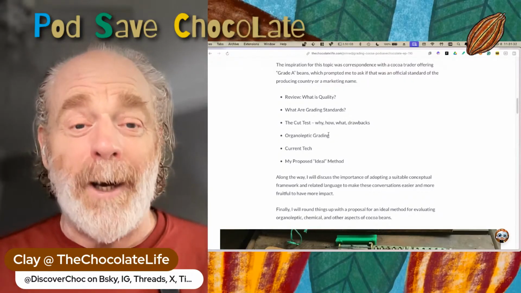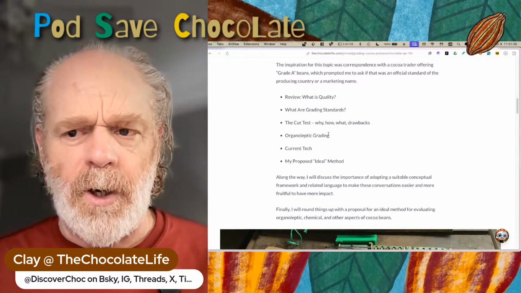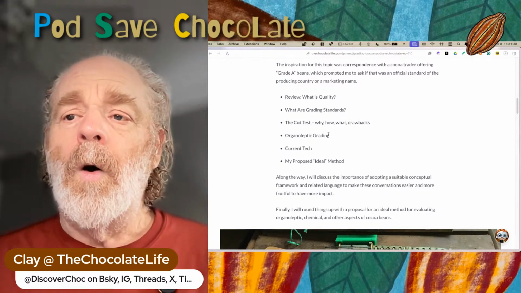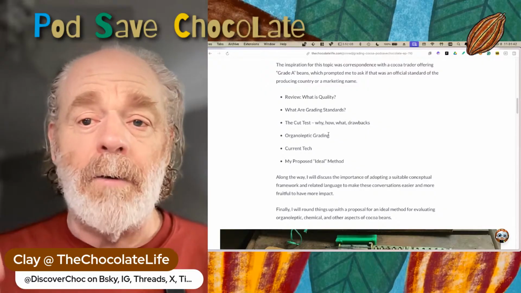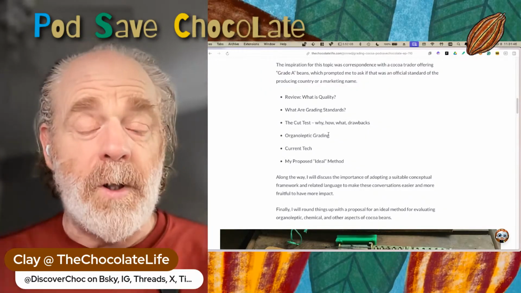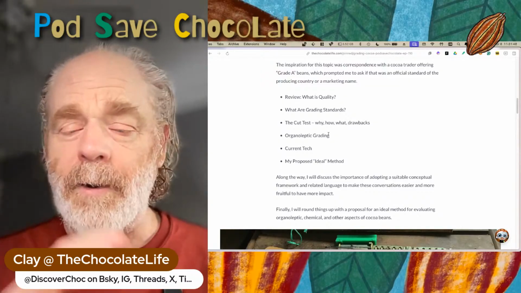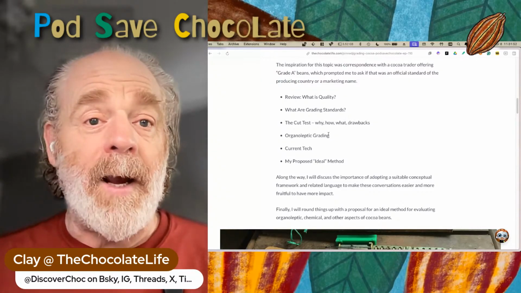So in the world of specialty coffee, the SCAA, the Specialty Coffee Association of America, the definition of specialty is around, does this coffee bean make good coffee? So they will roast the beans, they will have certified graders, Q graders, they'll cup the coffee, and they will make a determination.